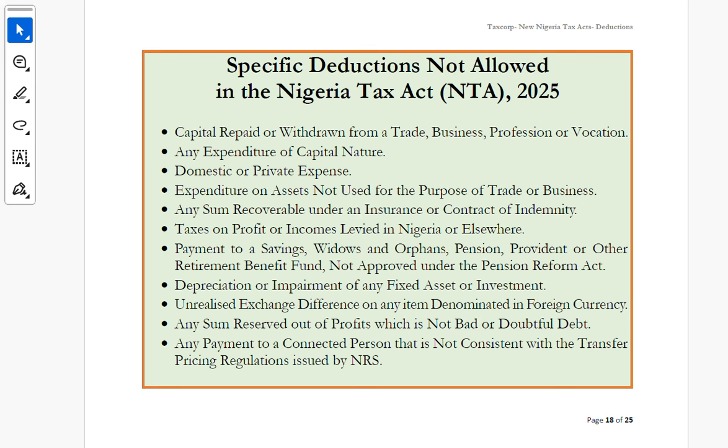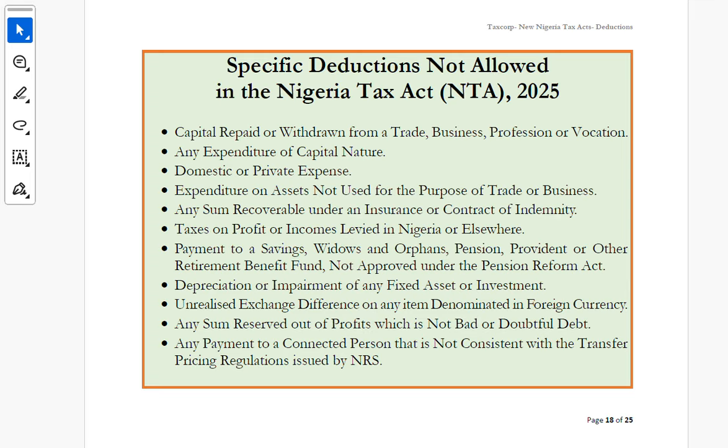Taxes on profit or incomes levied in Nigeria or elsewhere. Payment to savings, widows, orphans, pension, other retirement benefit funds under the Pension Reform Act. Depreciation or impairment of any fixed asset or investment.